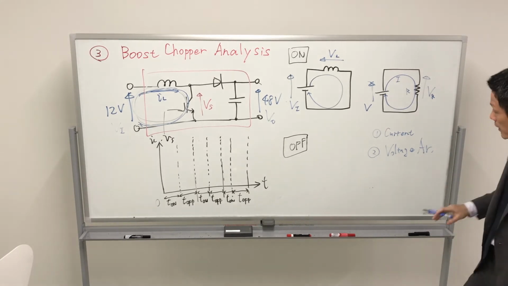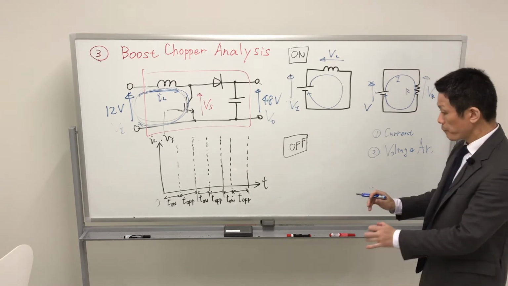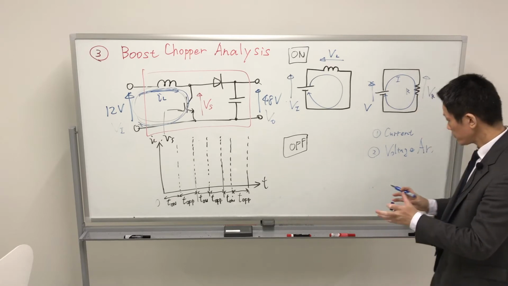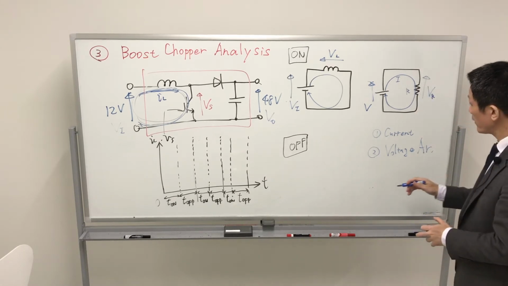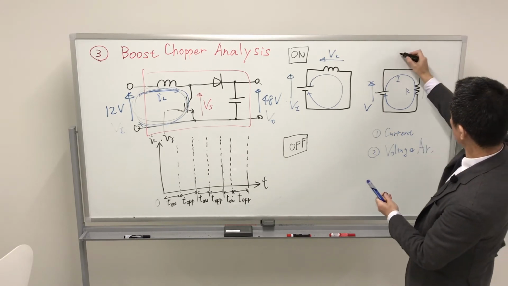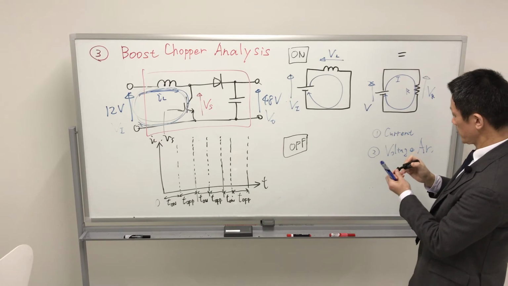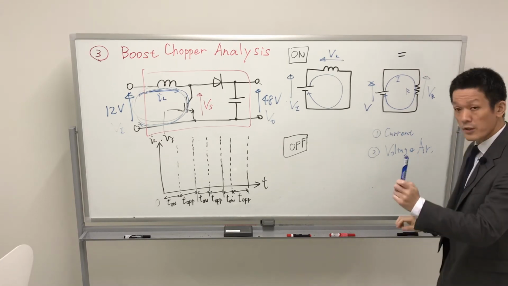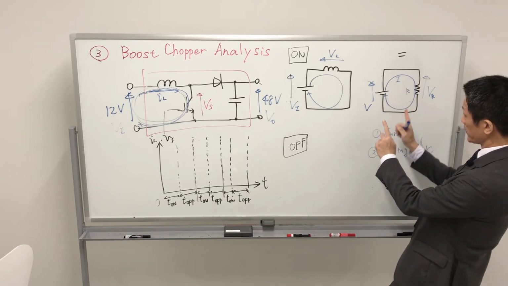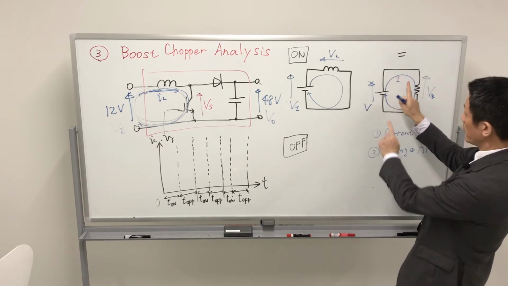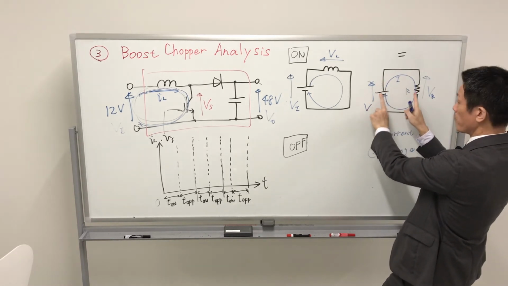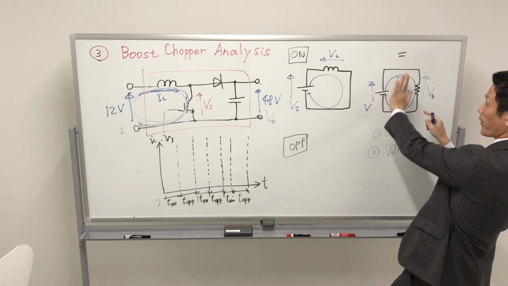Third step is to obtain the equation. Equation means the equal. Equation has the equal. And this is a very important point. Current flows through the direction here. Voltage arrows in the same direction as the current are arranged on the left side of the equal.